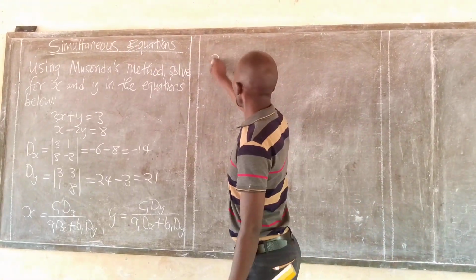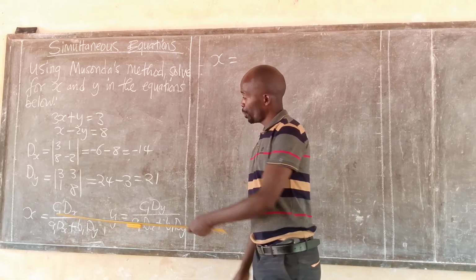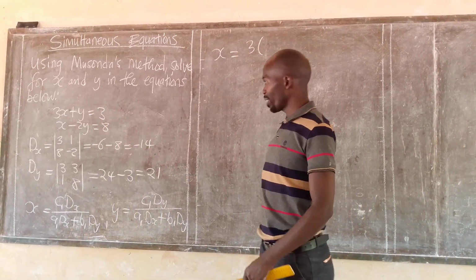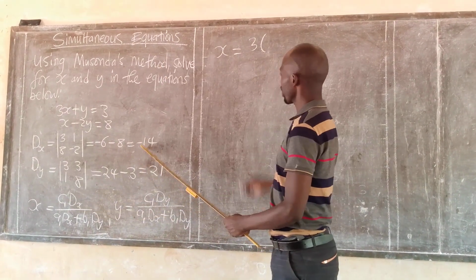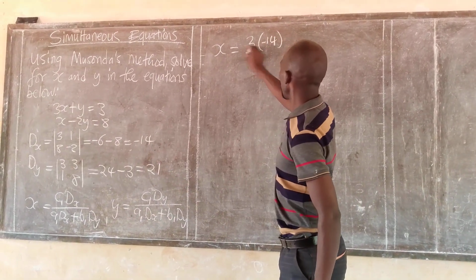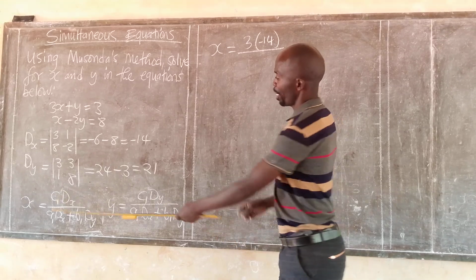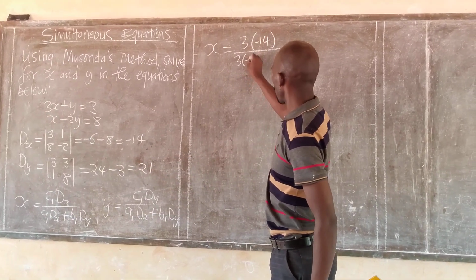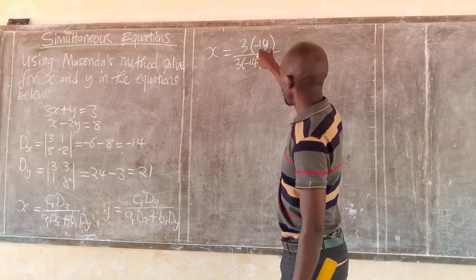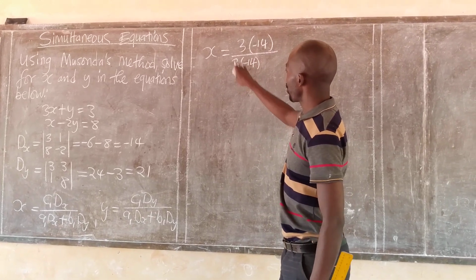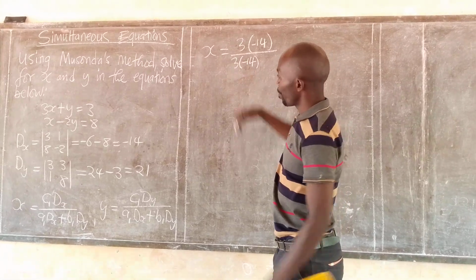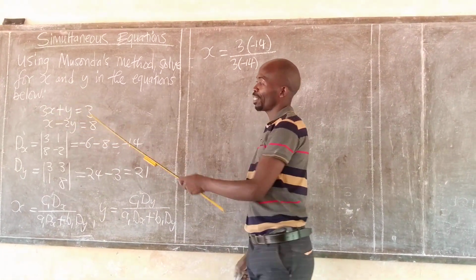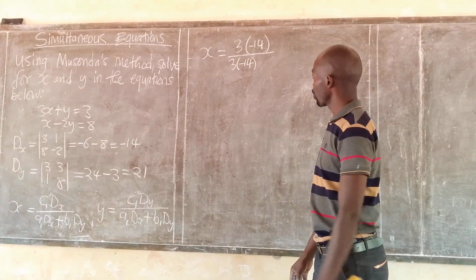To start with, x will be equal to C1, which is 3, times the determinant of x, negative 14, divided by A1, that is 3, times the determinant of x, negative 14, which comes down here. I don't need the C1 in the denominator; the only reason they look exactly the same is because A1 and the constant are exactly the same.